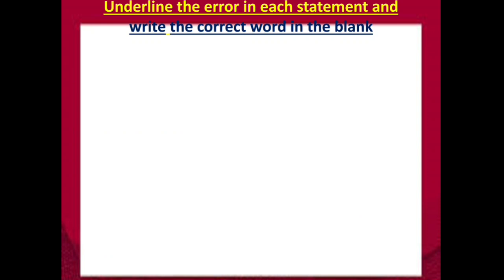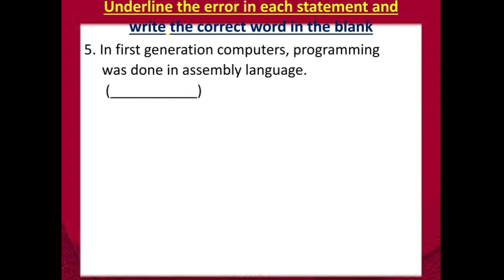The next one: in the first generation of computers, programming was done in assembly language. In the first generation, they had no assembly language. So the error word is assembly.